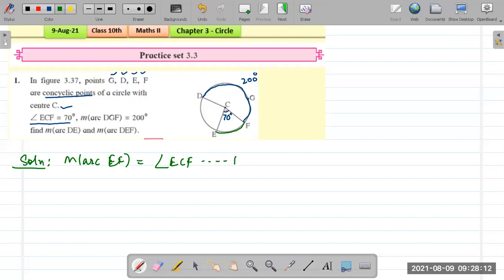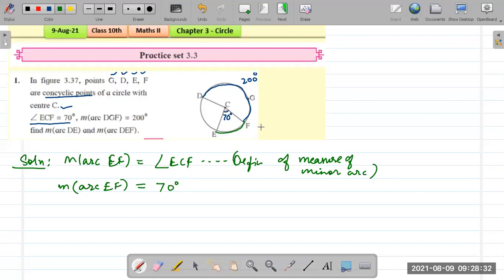What is the reason for this? This is the definition of the measure of a minor arc. Therefore, the measure of arc EF is equal to 70 degrees.